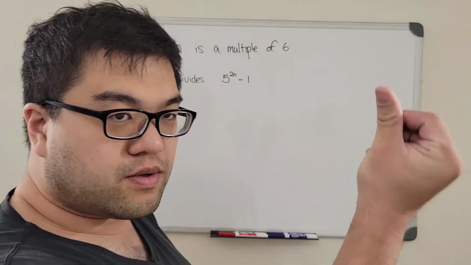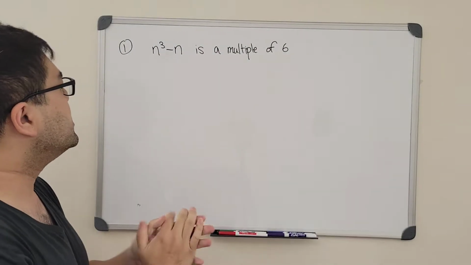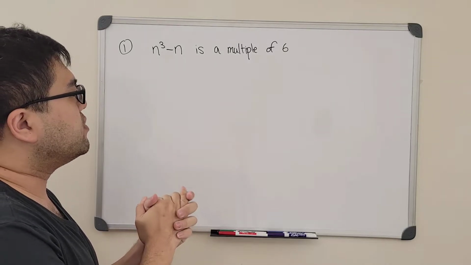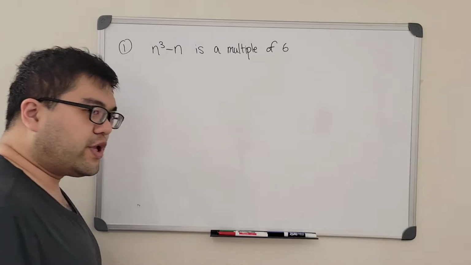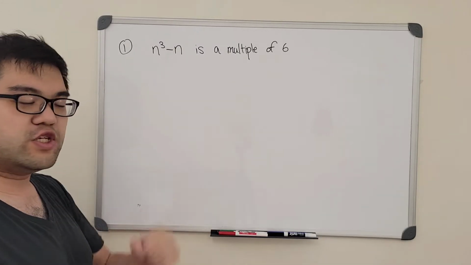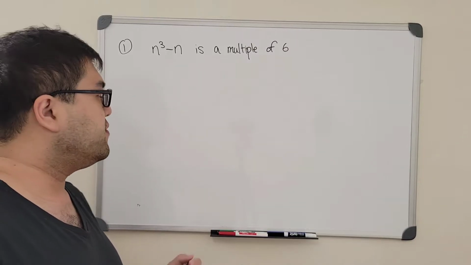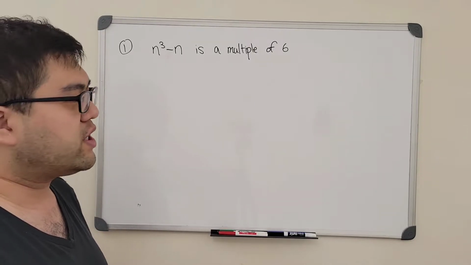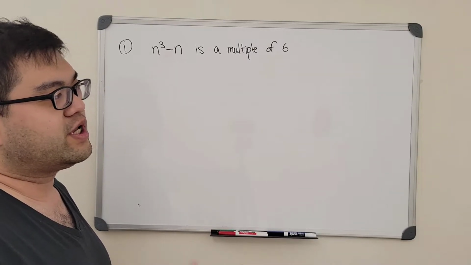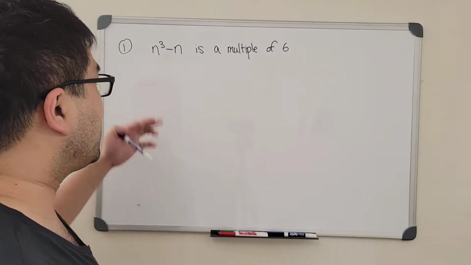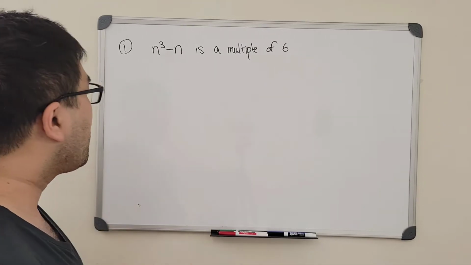Here we go. Alright, so let's start with the first problem. It says n cubed minus n is a multiple of 6. So, even though we want to prove the statement is true, we know that there are many ways of proving, so I'll just pick one way that is easy for everyone to understand, including middle school and high school students, to show the statement is true.